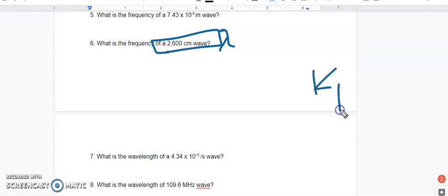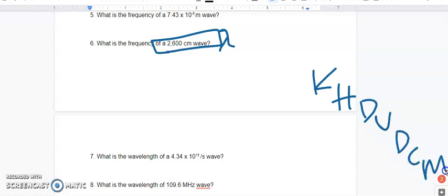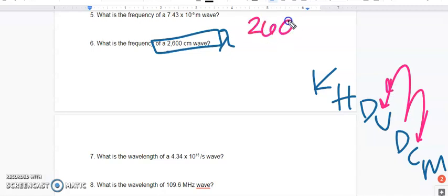So we're going to use King Henry died unusually drinking chocolate milk. We start with centi and go to meters, so we go 1, 2 to the left. So 2600 goes 1, 2 to the left, which is the same thing as 26 meters.